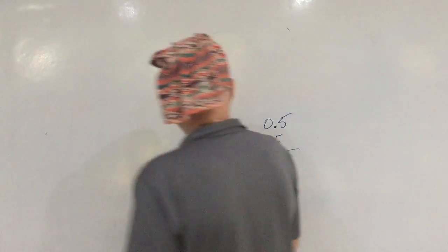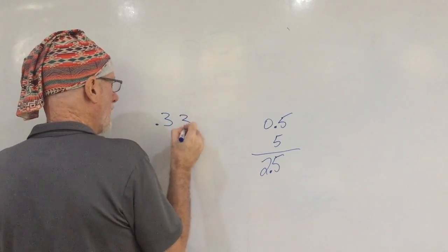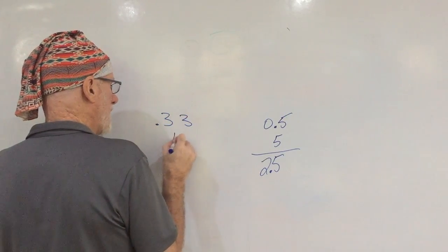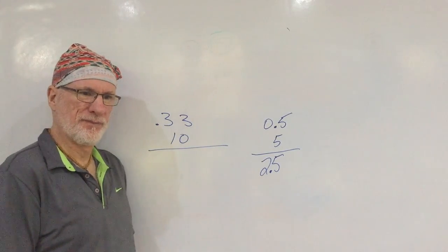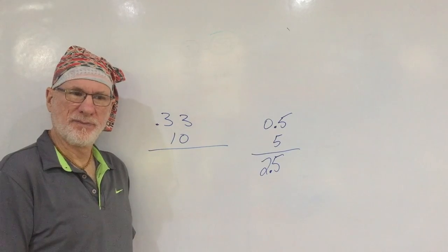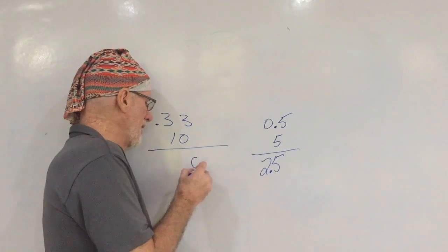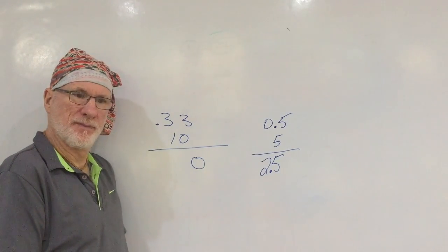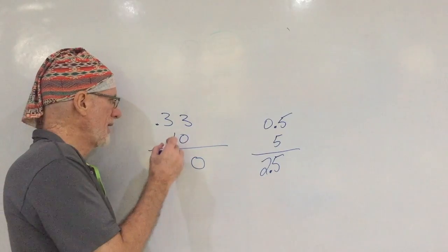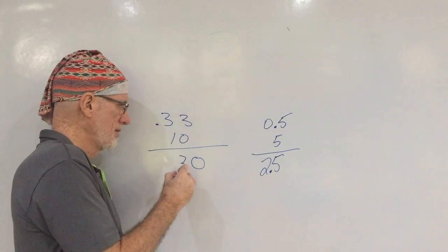What about 0.33 times 10? How would you do that? That's 30. You put a 0 then, right? And then put another 0. Then 1 times 3 is 3.